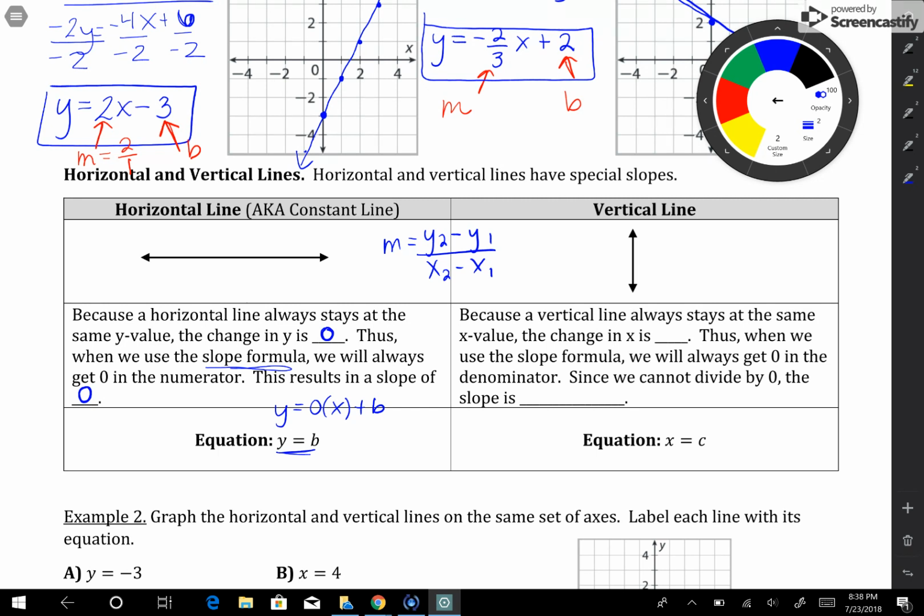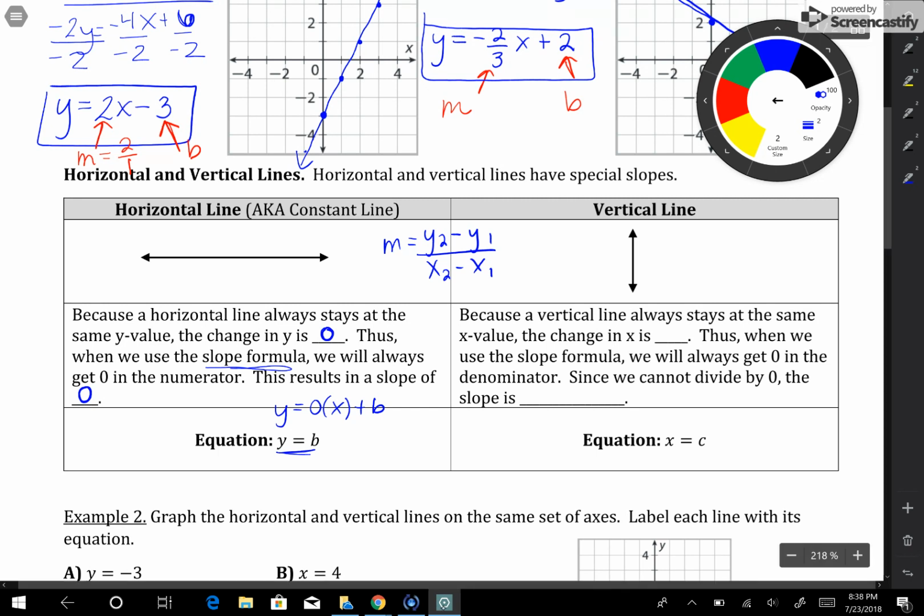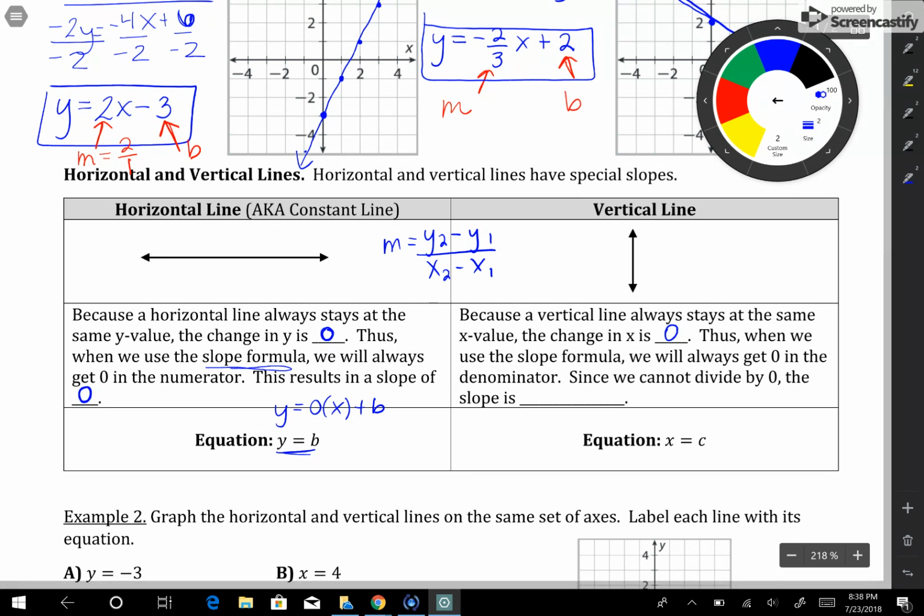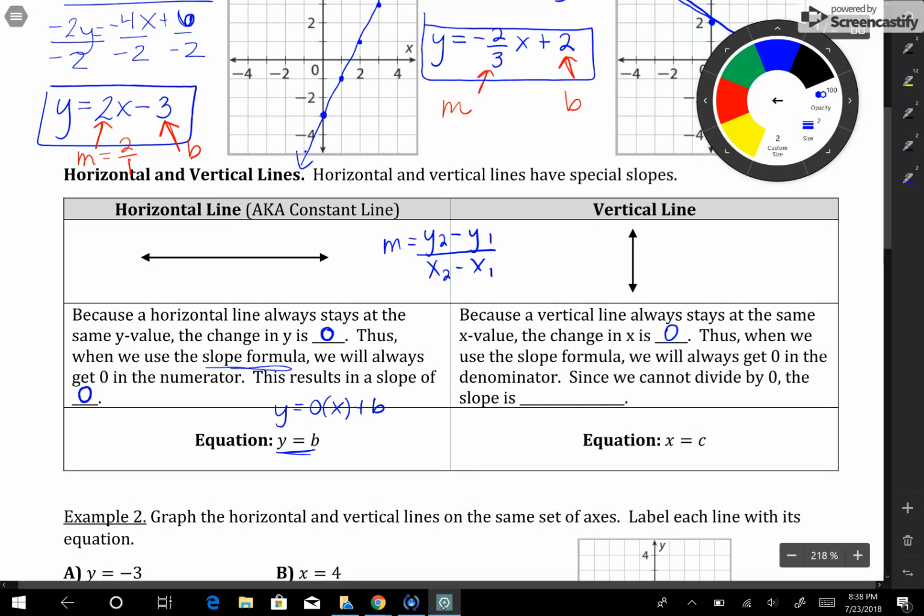A vertical line goes straight up and down. So what we know about this is the x values never change, so the change in x is 0. And that would make the denominator of our slope formula 0. Unfortunately, we cannot divide by 0, so the slope of a vertical line is undefined.